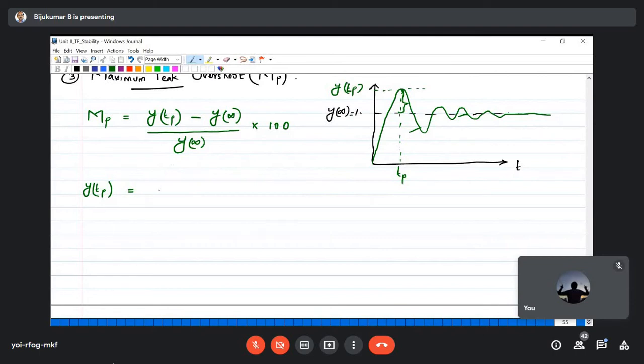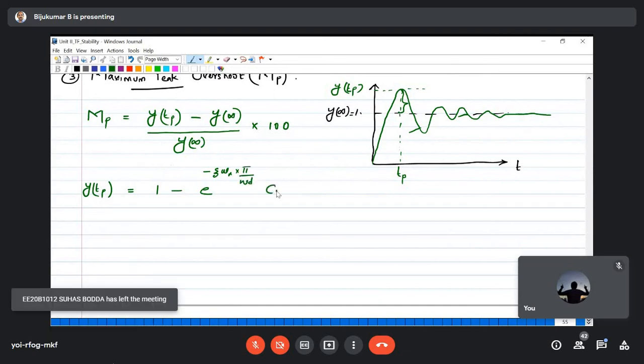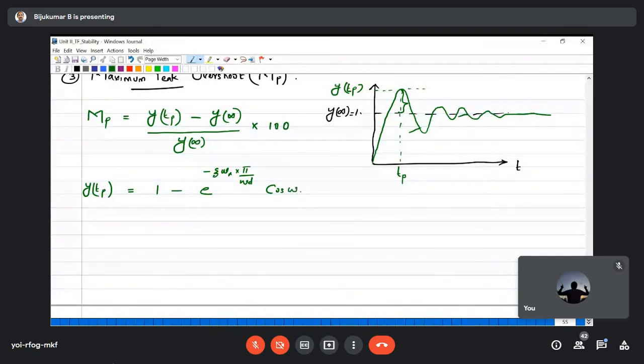The cos omega dt, if you substitute t is equal to pi by omega d, it will become, and I will write this, that will be better, e power minus zeta omega n into t becomes pi by omega d and cos omega dt. Omega dt can be written as pi by omega d. Every other part is 0. The sine part will become 0. We don't need to worry about that.